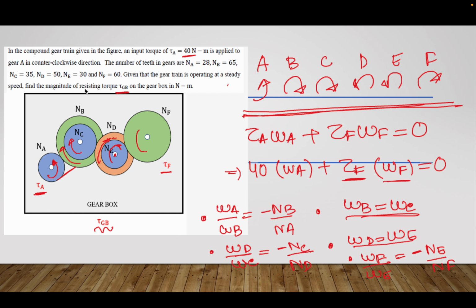Since the gear train is operating at a steady speed, the torque balance must hold and also the power balance must hold. So the input power must be equal to the output power, which I have written here as input power plus output power equal to 0. We will take care of the signs in the equation.